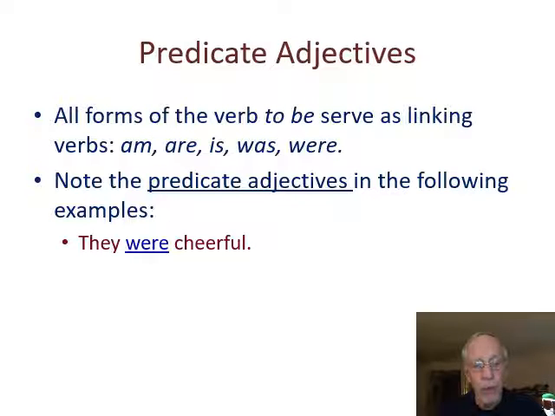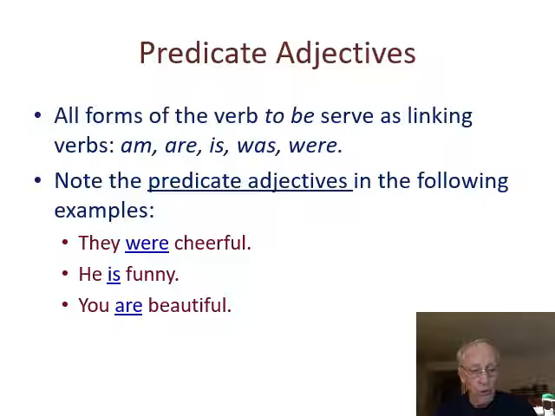Here's an example. They, there's a plural pronoun, were cheerful. Were is a linking verb. Cheerful is an adjective, and it's in the predicate. It modifies they. He is funny. That's a very short sentence, but it's perfectly good. Is the linking verb. Funny is a predicate adjective that modifies he.